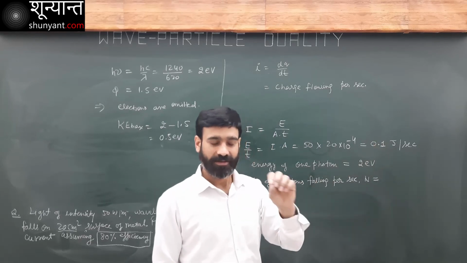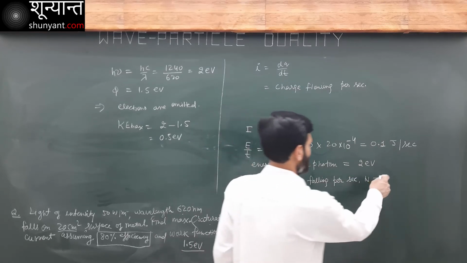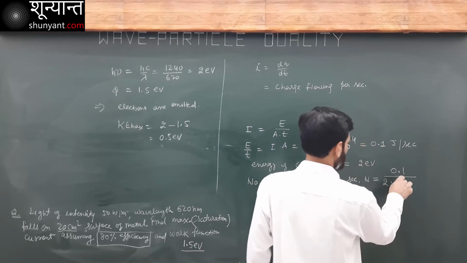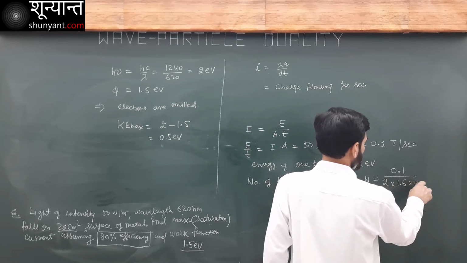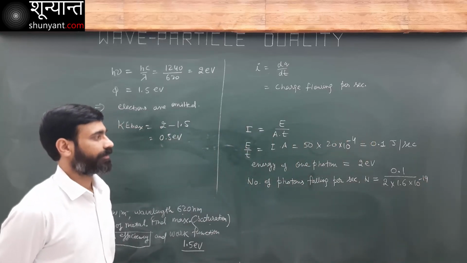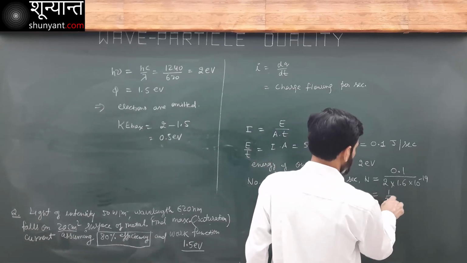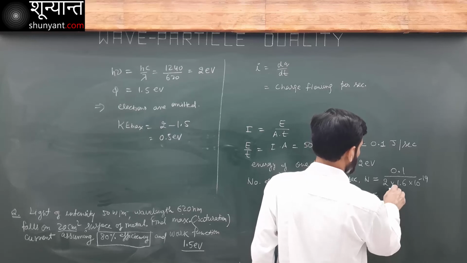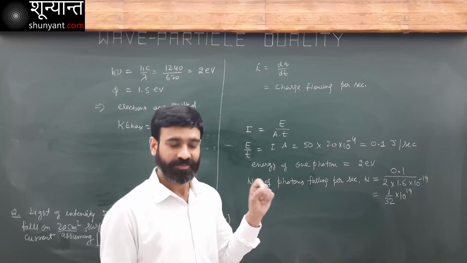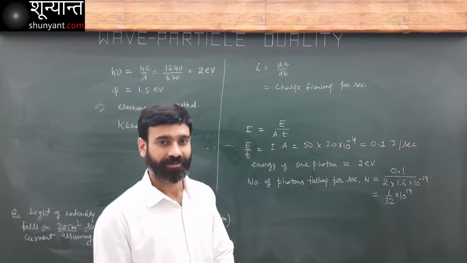All of that energy is in form of photons, each photon having this energy. Okay, so how many photons? 0.1 divided by 2 and 1.6 into 10 power minus 19. Okay, so it's 1 over 32 into 10 power 19. What is this? These many photons are falling on the surface per second.